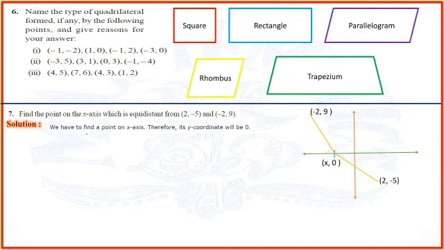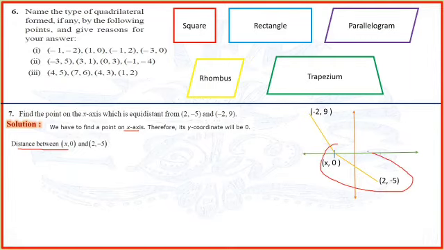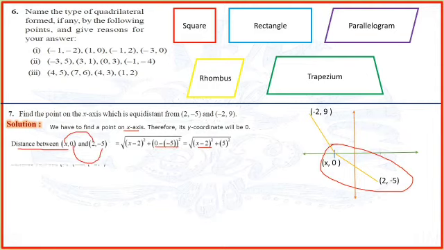So here we start. We have to find a point on the x-axis, therefore its y coordinate will be 0, as I already discussed. So the distance between (x, 0) and (2, -5) is the square root of (x - 2) whole square plus (0 + 5) whole square, which we will take later for the further solution.